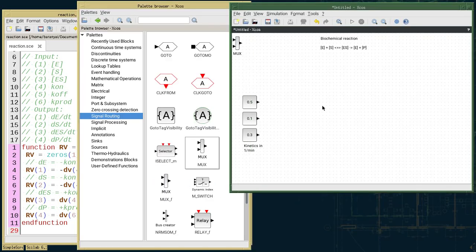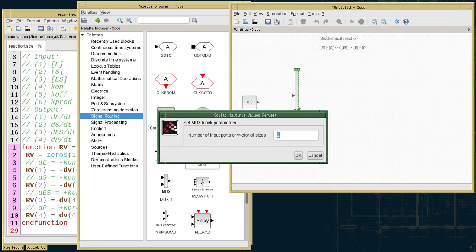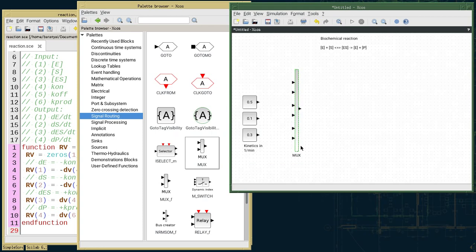I put the multiplexer here, and first I bring this to the place, and then make it a bit larger, double click and adjust the 2 inputs to 6. So I will need 6 inputs.